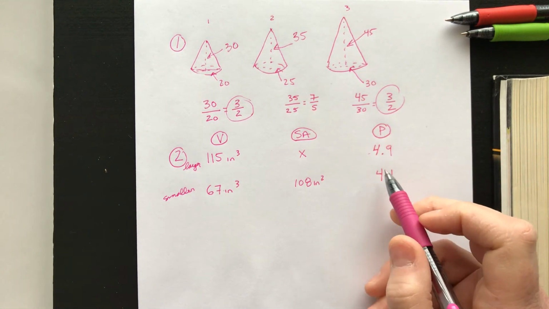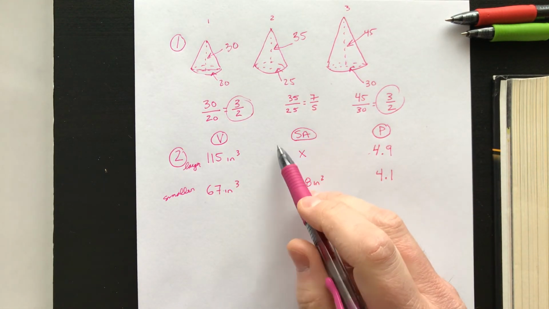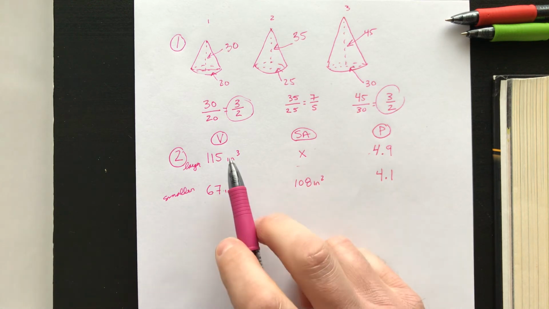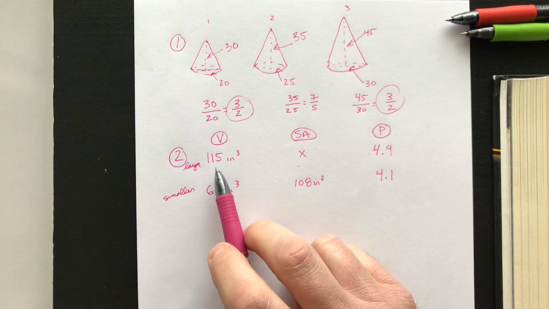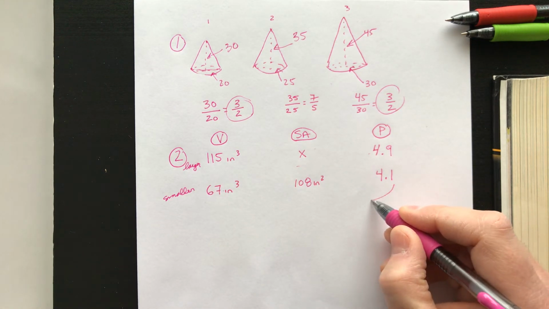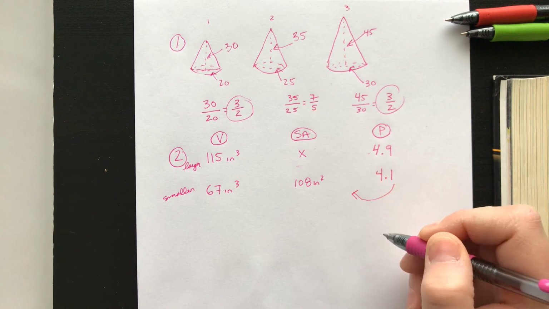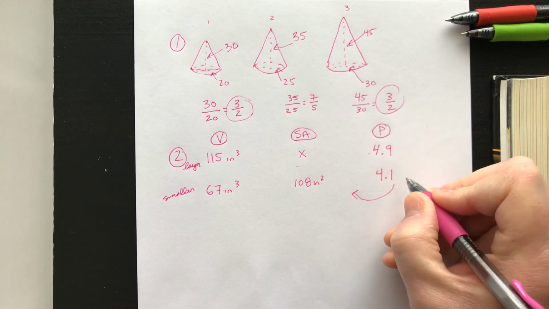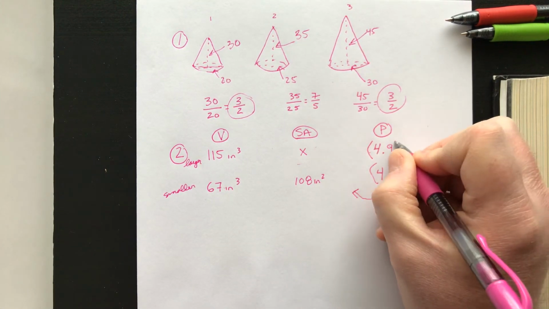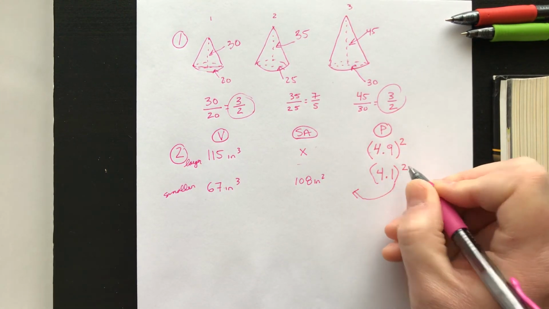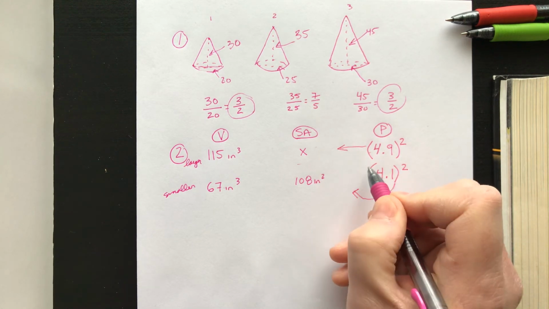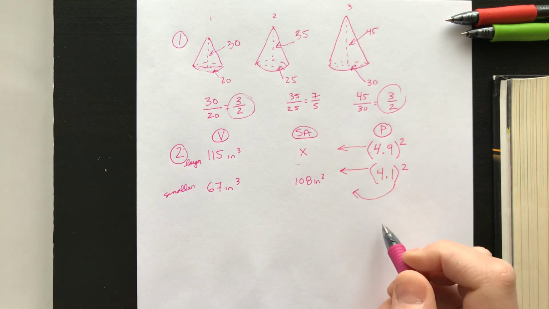All right, but once again, we're trying to compare surface area. We need to know surface area. But the reason we took the cubed root, we got that down to the first level. Now we need to jump these numbers up to the second level by squaring them, so that we can compare our proportion at the second level.